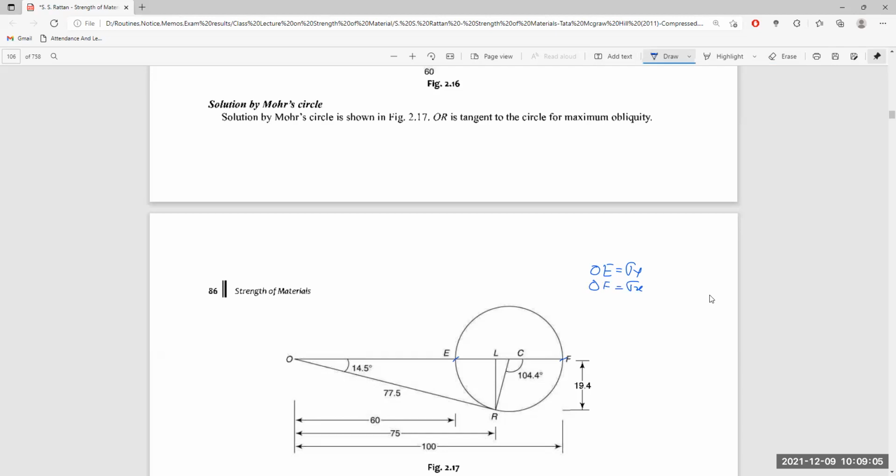Sigma x is equal to 100 MPa and sigma y is equal to 60 MPa.